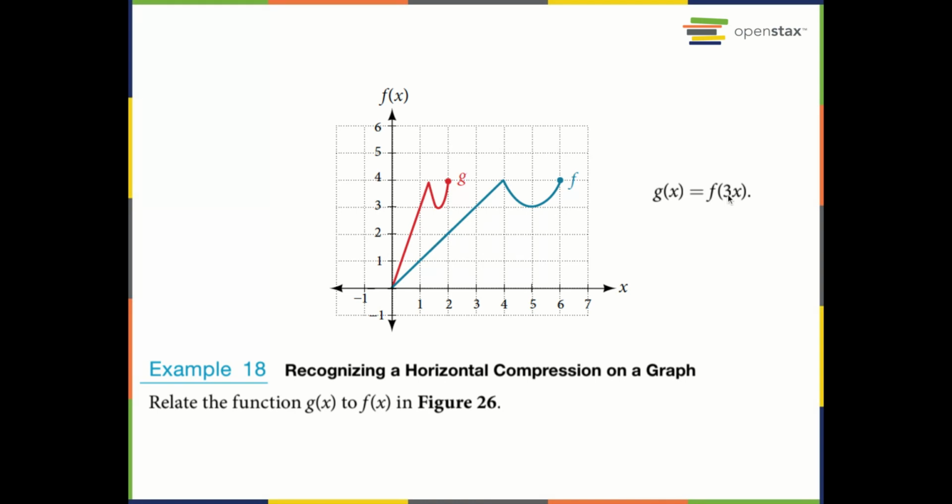Does that work? 6 divided by 3 is 2. The key here is (6, 4) to (2, 4) was the easiest one to see, and that gave us our value of 3. And we knew it was going to be 3 and not 1/3 because it was a horizontal compression.